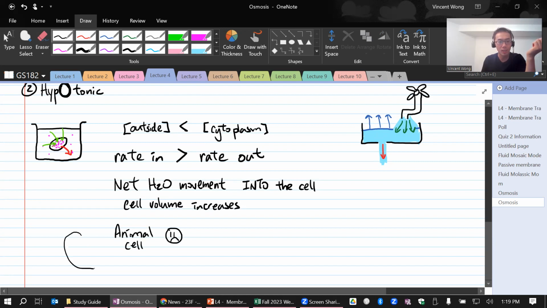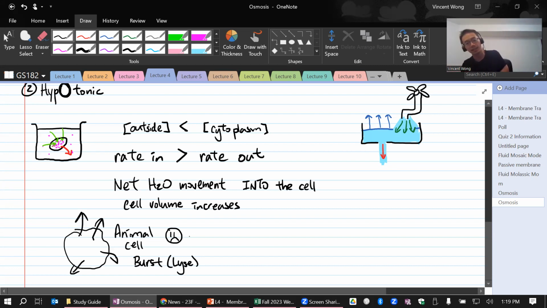They're going to swell up so big and then they're going to explode. They're going to burst. We call that lysis. So the animal cell will die.